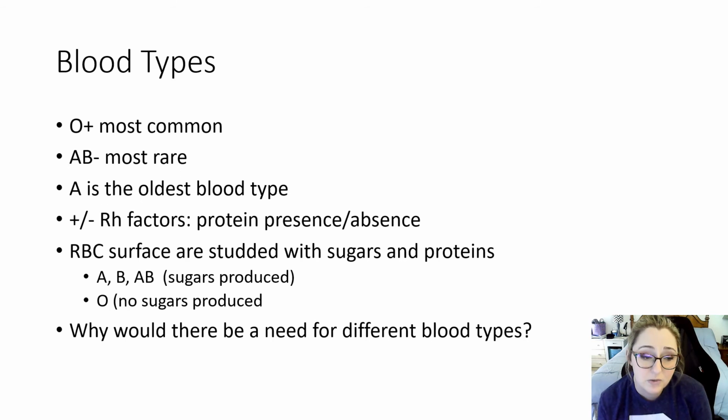So I am going to pose a question to you. Why would there be a need for different blood types? The reason that we need different blood types, and potentially why that arose through evolution, is that if everybody was the exact same in their blood type, let's say everybody was A positive, then if there was a condition where A positive blood was susceptible to a particular disease or susceptible to a particular, I don't know, anything, then everybody would die.